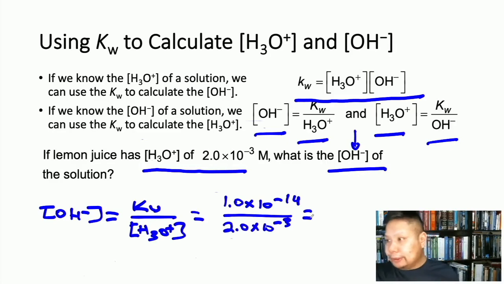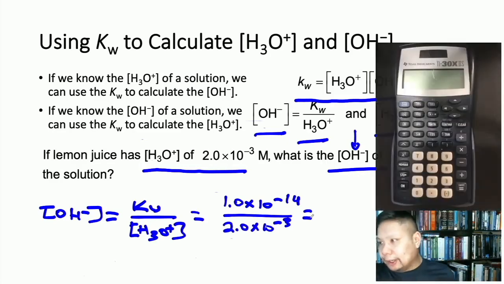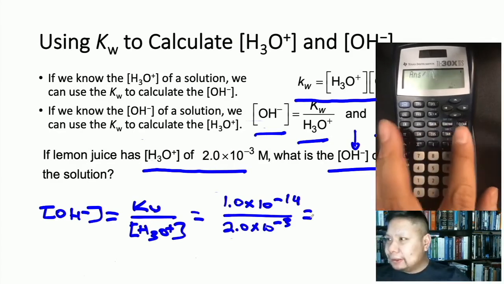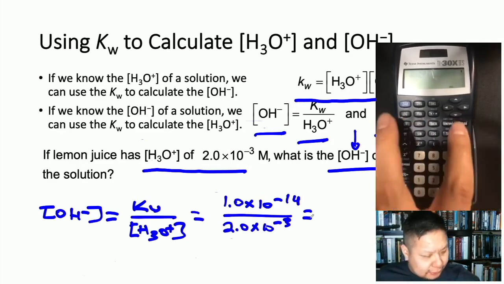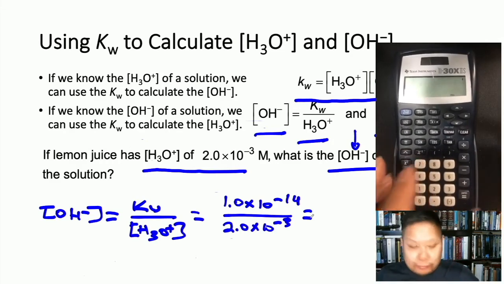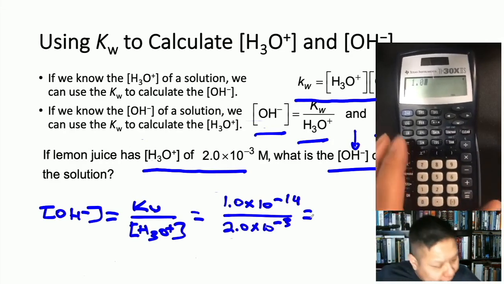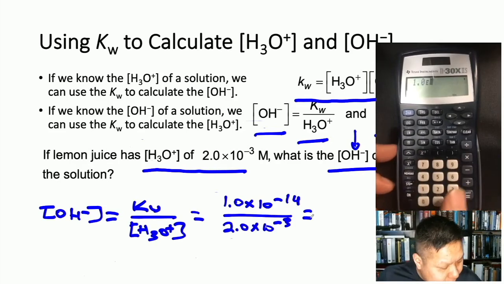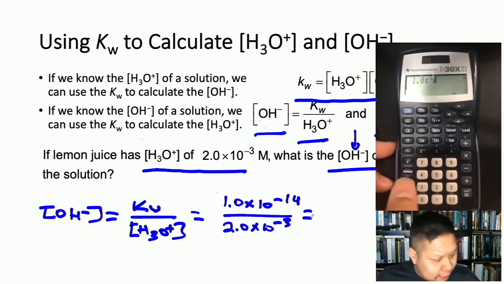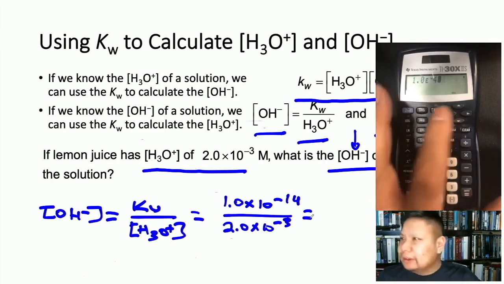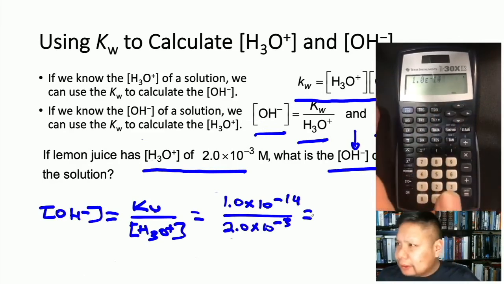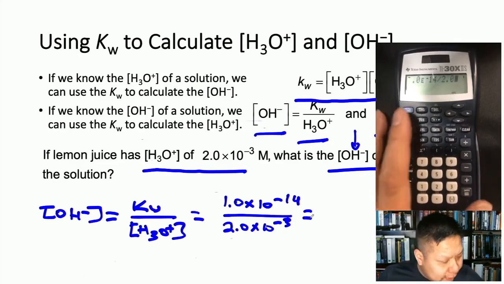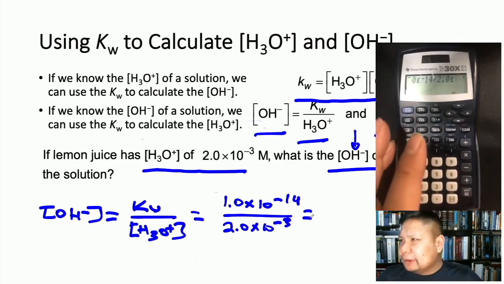And let's just do that on the calculator real quick, just so I can review how to put in scientific notation. Here we go. Clear. So I have 1.0, second E, to the negative 14, divided by 2.0 E to the negative 3.